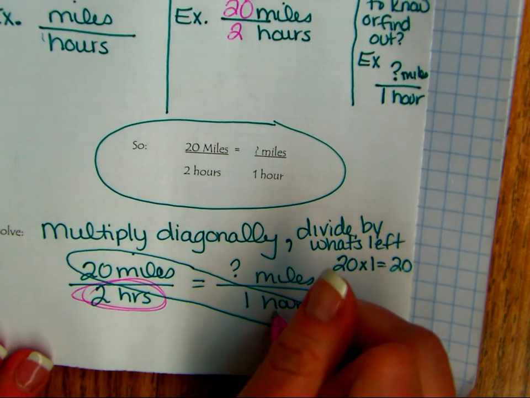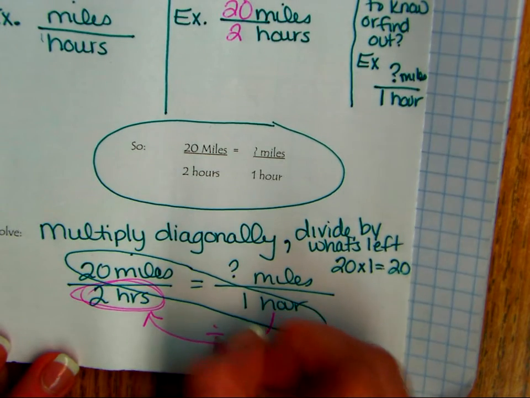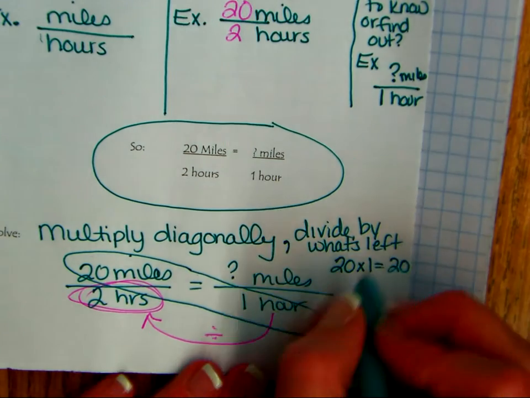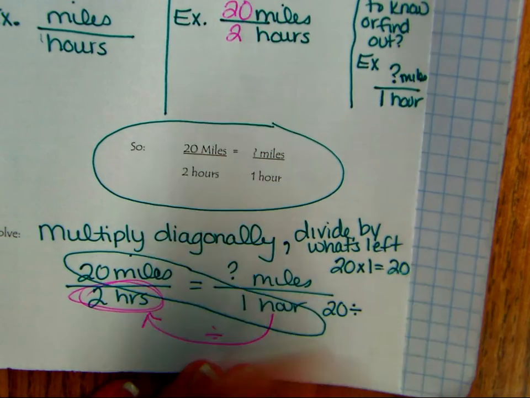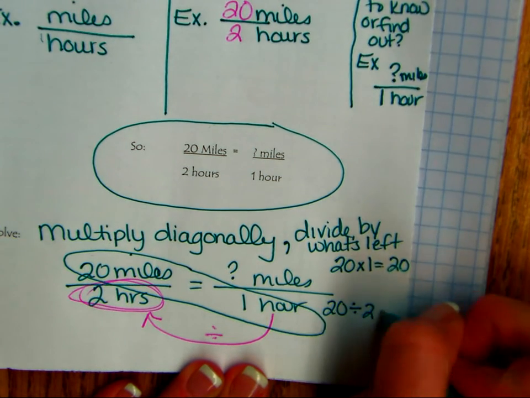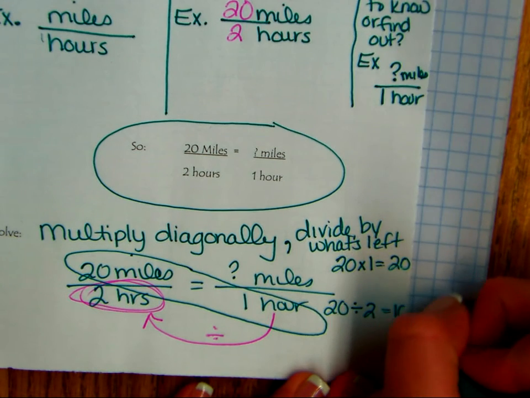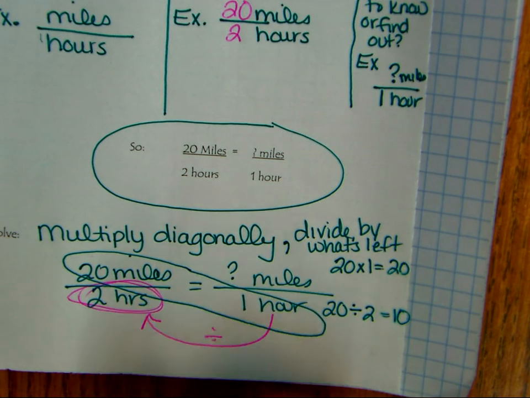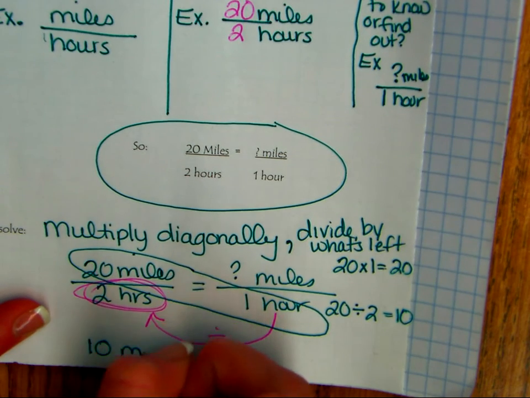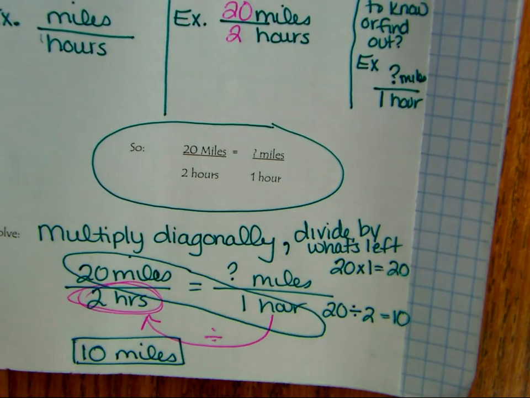So we're going to divide our answer by that. We end up with 20 divided by what's left, which is 2, and we get 10. So our answer is 10 miles. We can travel 10 miles.